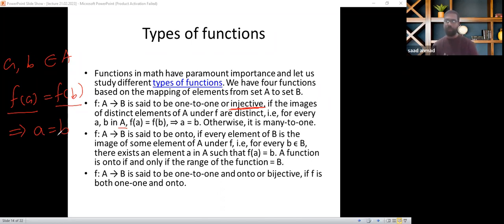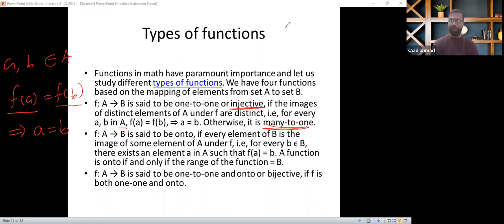Then it's one to one. One to one means if the answers of two inputs are equal, those inputs were the same. Otherwise it can be many to one.